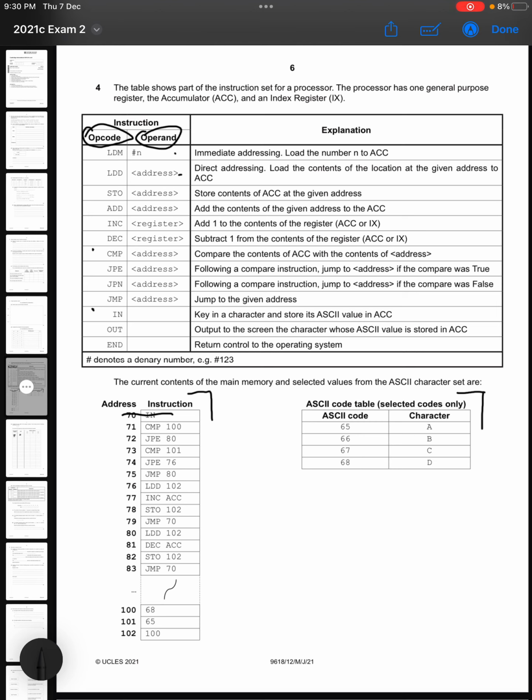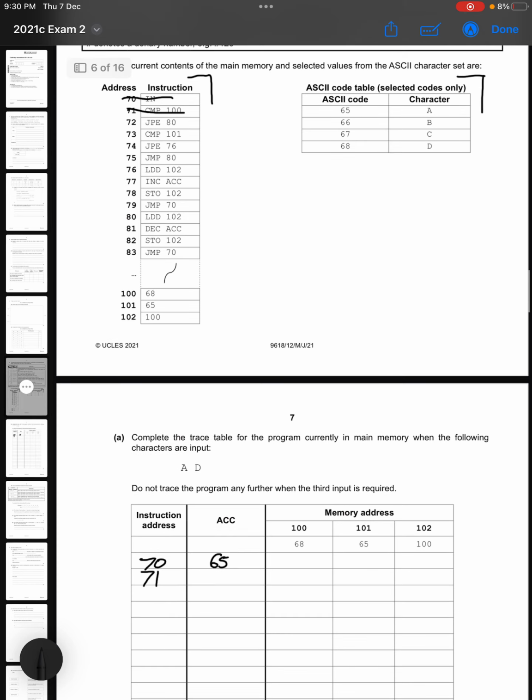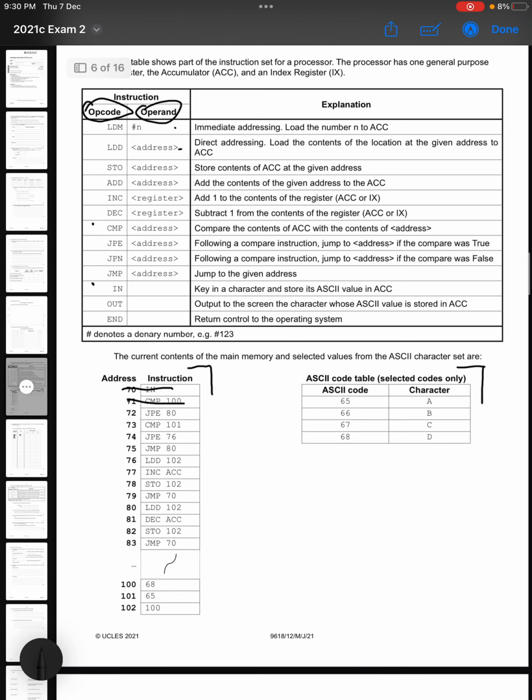Now, nothing is being said for us to input anything into the ACC, so we have to leave it blank. So we cut through here on top, and we go to the next instruction address, which is 72. It says JPE 80.